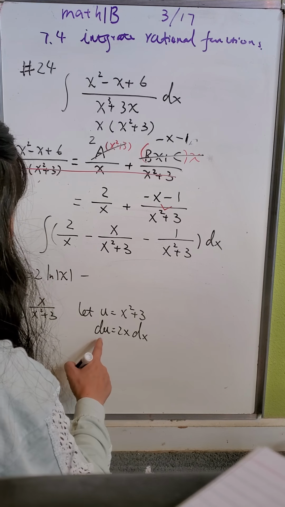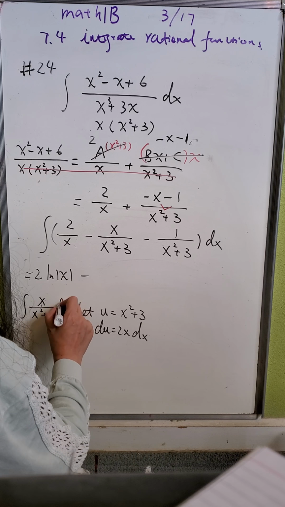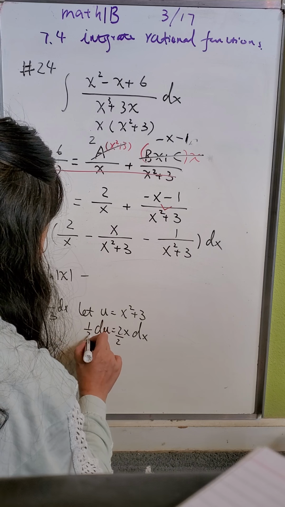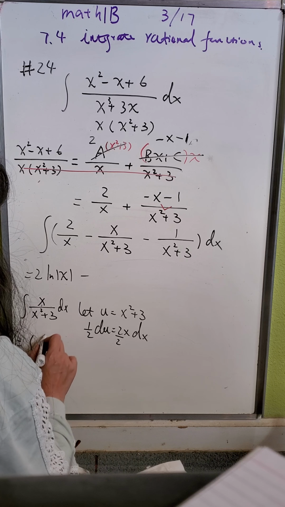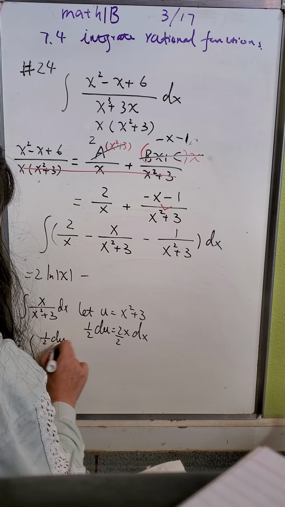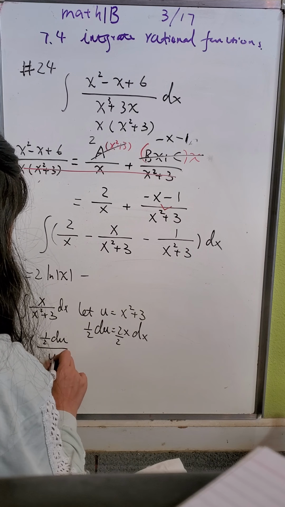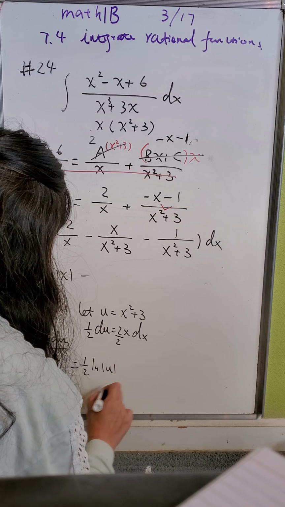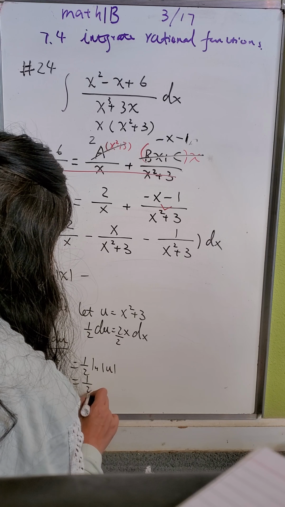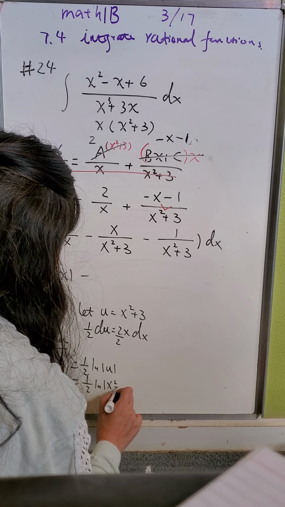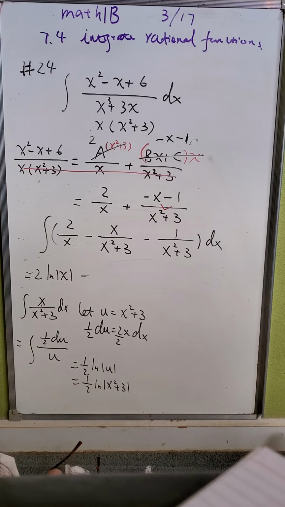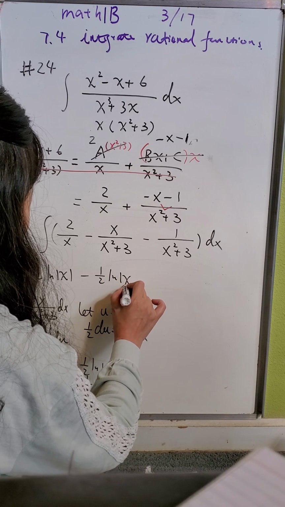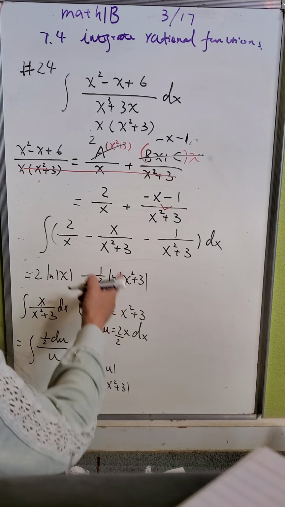Then x dx is just equal to 1/2 du. So this becomes 1/2 du, and that's your u. So your answer equals 1/2 ln u, and that's the same as 1/2 ln of x squared plus 3. So that is for this one.